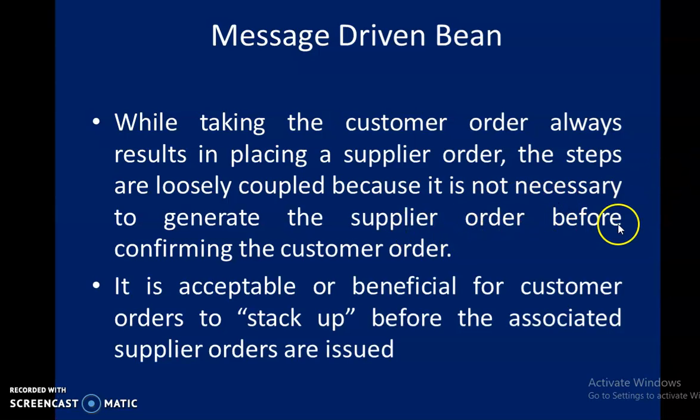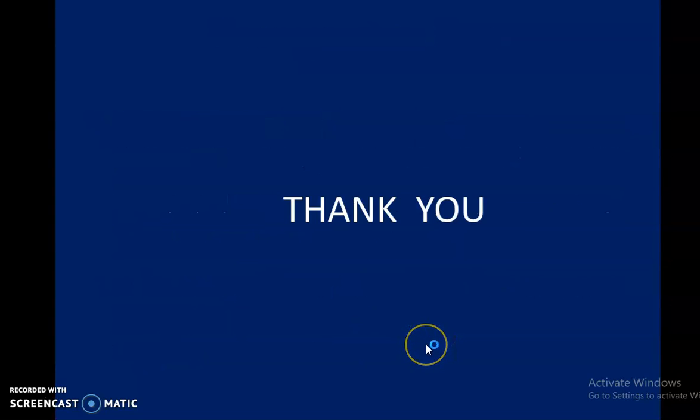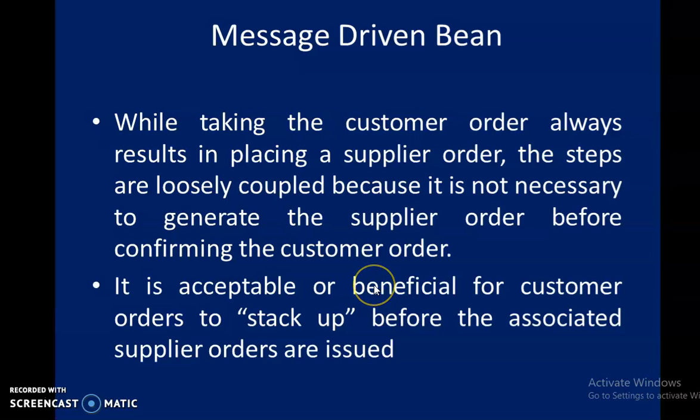It is not necessary to generate the order before confirming. Even at traffic time, the message driven bean handles everything and sends messages to multiple users. It is acceptable or beneficial for customer orders to stack up before the orders are issued. So everything, sending messages and handling them, is handled by this container only.